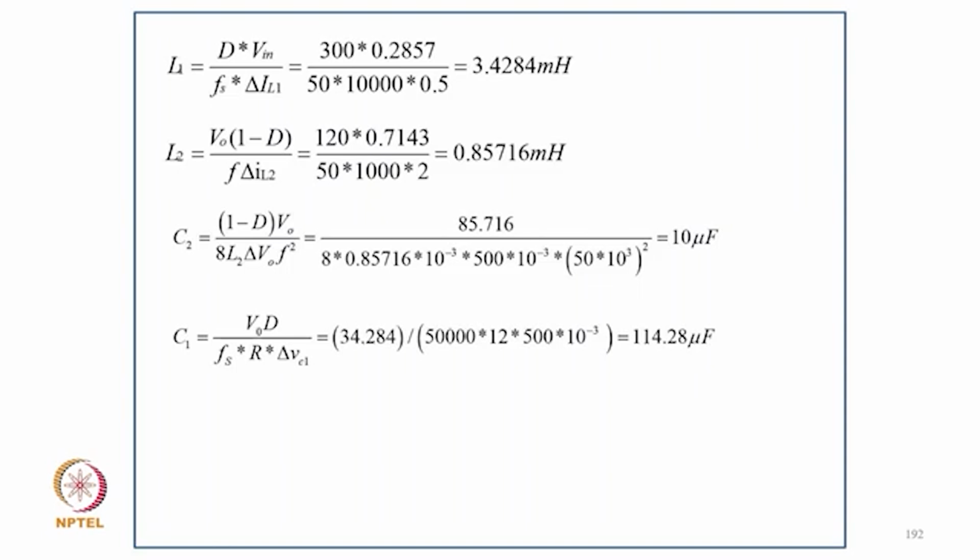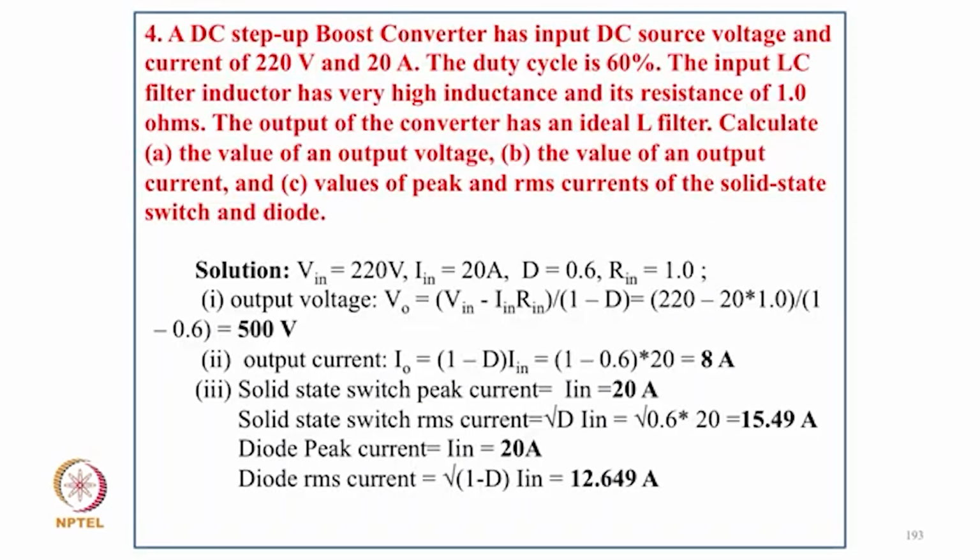So we get L1 equals D Vin upon F delta IL1. Putting the values it comes to 3.4284 millihenry, and L2 comes VO (1 minus D) upon F delta IL2, so it comes 0.585716 millihenry. C2 is (1 minus D) VO upon 8 L2 delta VC F square, so it comes to 10 microfarad, and C1 is VO D upon F R delta VC1, that comes to 114.28 microfarad.